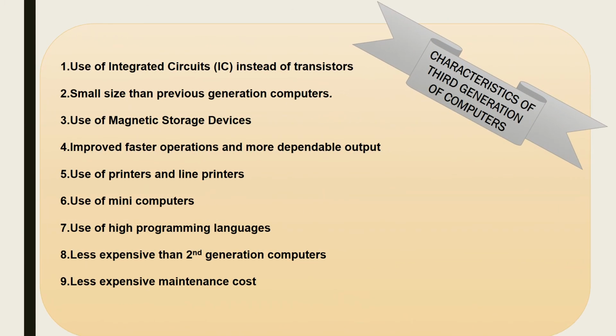The last topic of this class is the main features of third generation: it used integrated circuit, more reliable in comparison to previous two generations, smaller size, generated less heat, faster, lesser maintenance required, costly, IC required, consumed lesser electricity, supported high-level language.